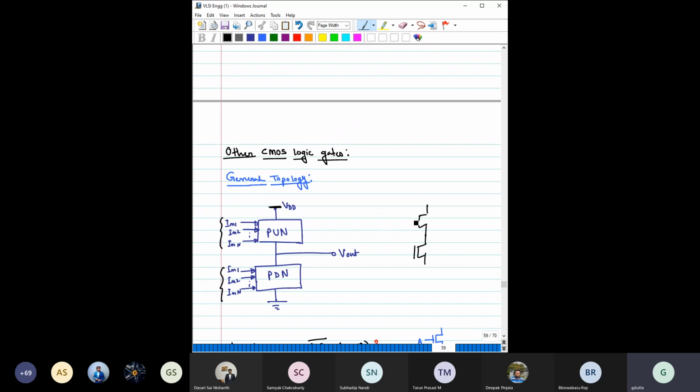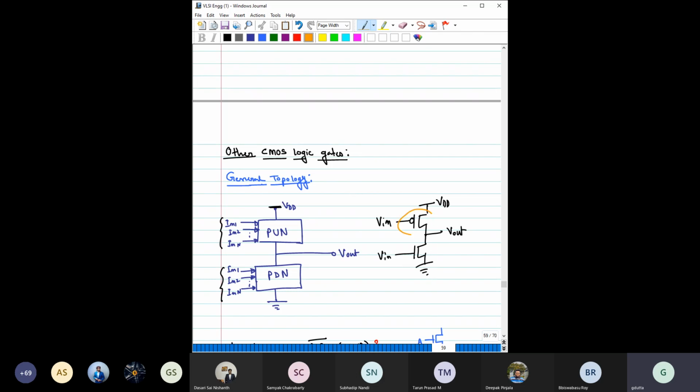If you have to design a CMOS inverter, which we have already discussed many times, this is the typical construction. Let us say this is V in, this is also V in, this is V out, this is ground.